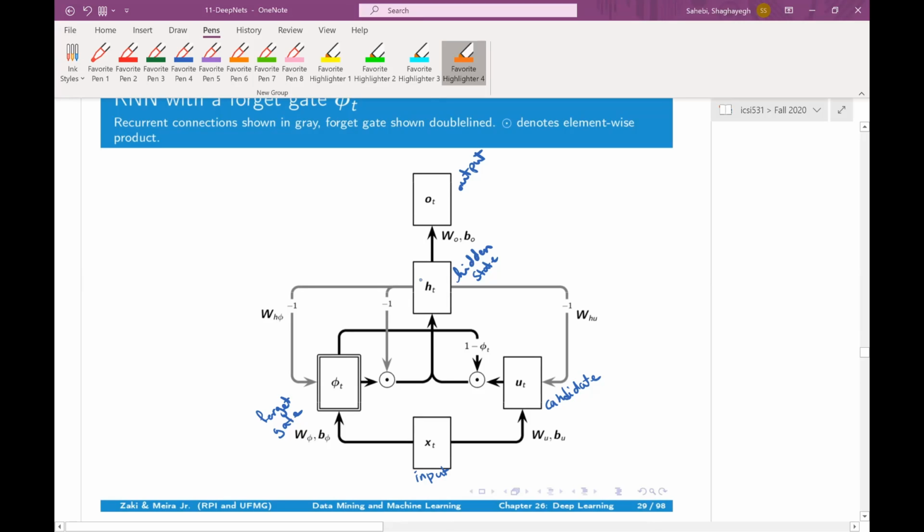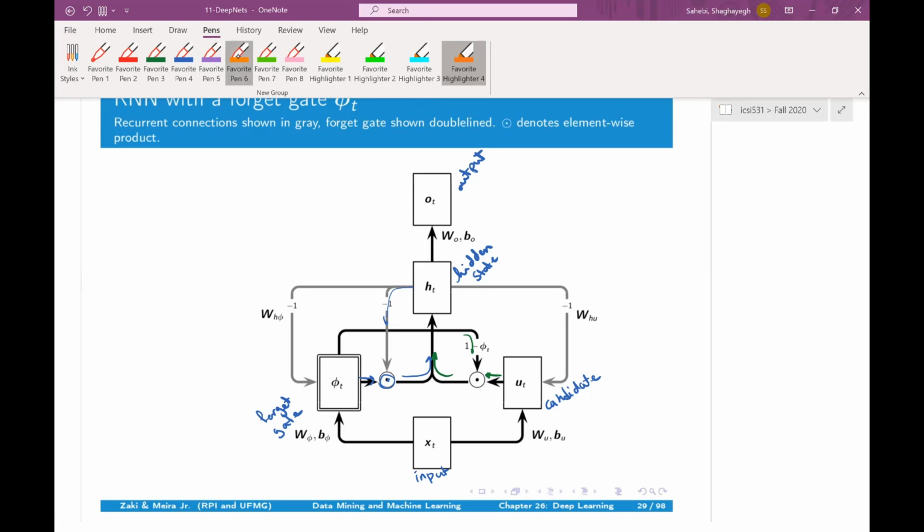So there is this inside loop with ht minus 1 with a parameter that is phi. So basically ht minus 1 and phi are going to have this element-wise product, and they're going to go feeding back into ht. On the other hand, the rest of ht is coming from the candidate, right? So 1 minus phi t is going to be multiplied element-wise with ut, and it's going to go back to ht also. So that's how we build ht.